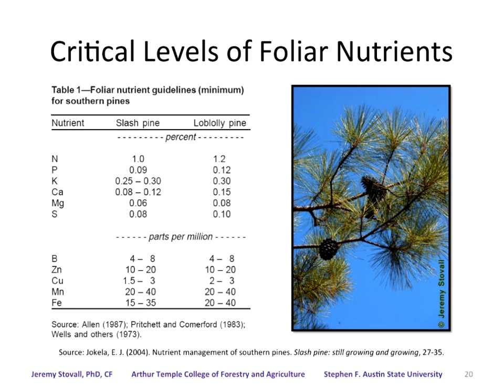And so what you can see for loblolly pine, if nitrogen content is less than 1.2%, phosphorus content is less than 0.12%, potassium content is less than 0.3% during the growing season, those are likely stands that are limited by that nutrient. And so you can get this analysis. It's relatively cheap. And from that information, you can say, yeah, this stand's likely to respond. No, this stand is unlikely to respond, and you can make management decisions.